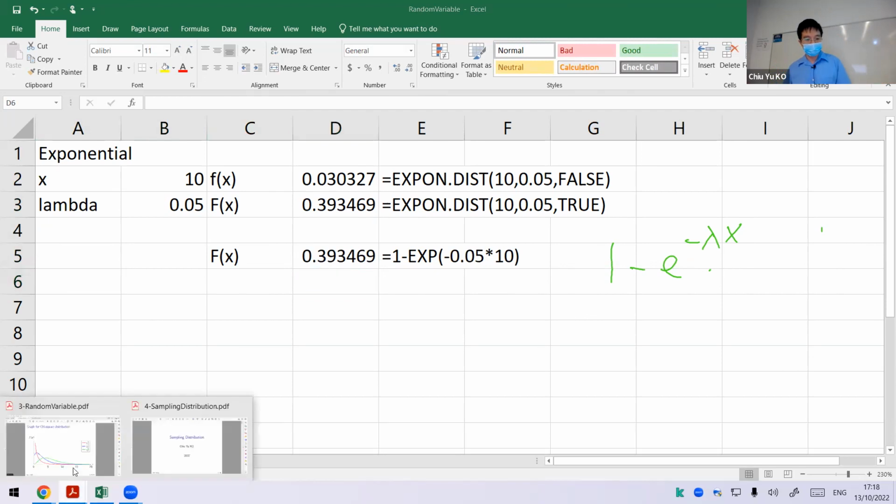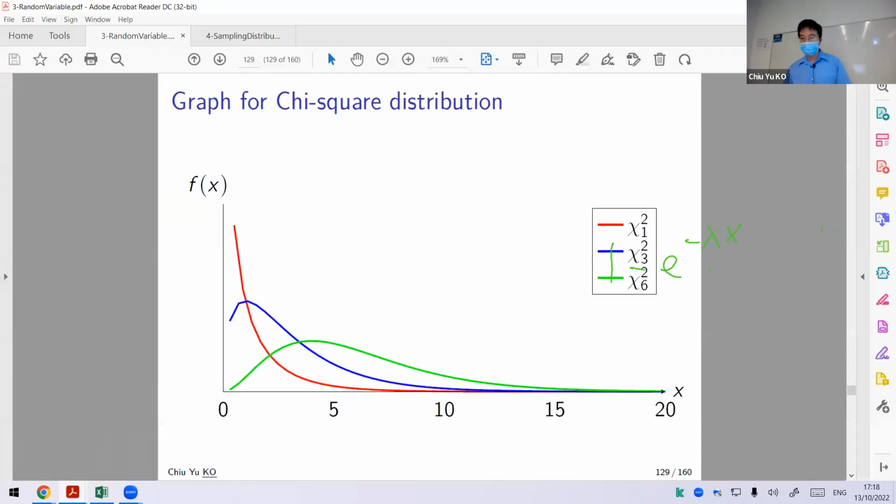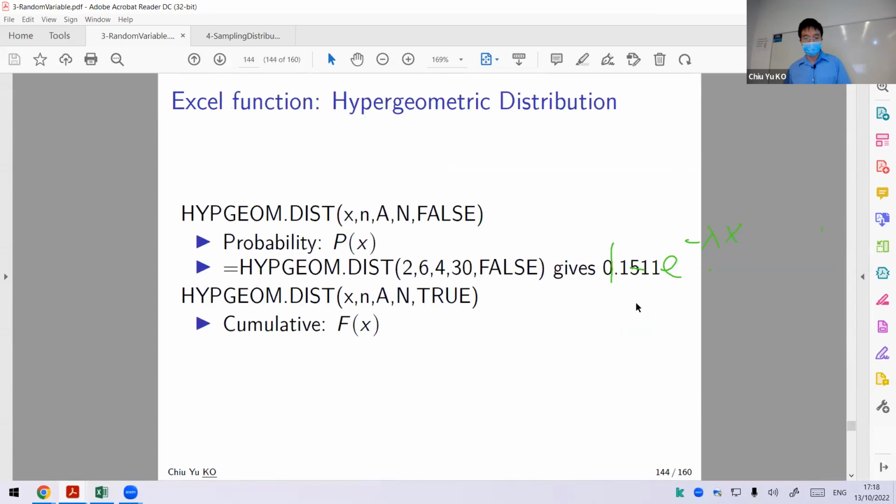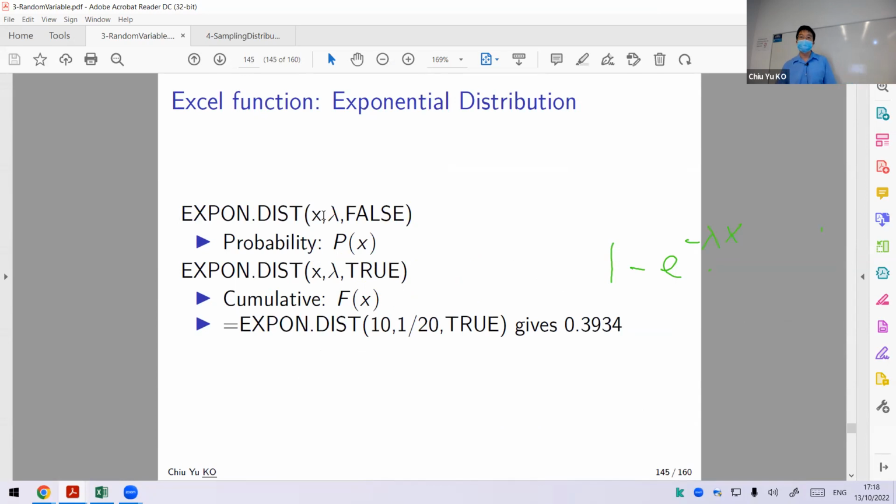So just take back the statement I mentioned: the formula we taught in the class is exactly the same formula for exponential. They also use the lambda. Basically this guy is f, just e to the negative lambda x. So this is exactly the same formula we are using, and there's nothing changed. That's the reason why we adopt the lambda notation rather than the beta notation, which is sometimes used in our textbook.